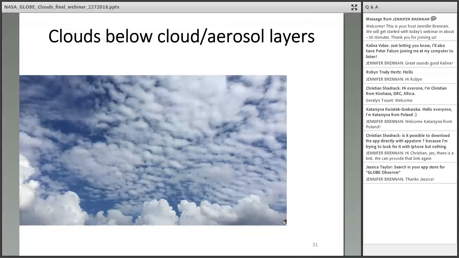And so the passive remote sensing community has to use basically guesstimates to figure out how often these multiple cloud layers occur. So again, there are certain satellites like CALIPSO and CloudSat that can help see some of these situations, but again, they have limitations in their ability to observe all of the situations. So we would like to use GLOBE Clouds data to help fill in the gaps in the observations.